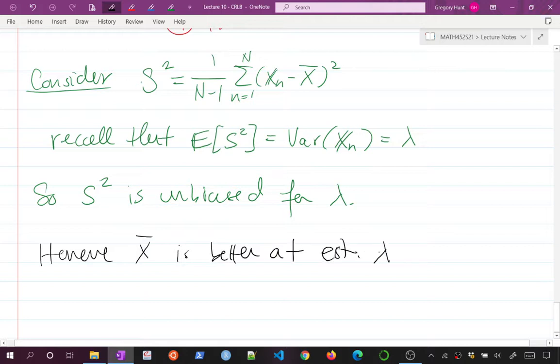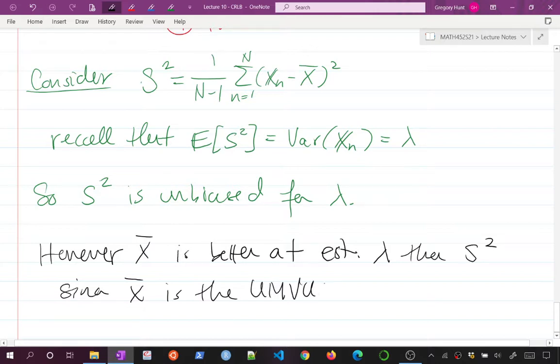That is, it has lower variance. It's got a higher probability of being closer. However, X bar is better at estimating lambda than S squared, since X bar is the best estimator, as we just showed. So now we have a way of actually picking.